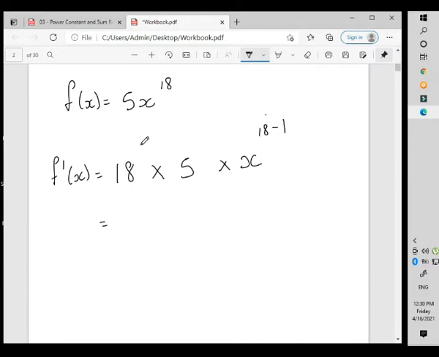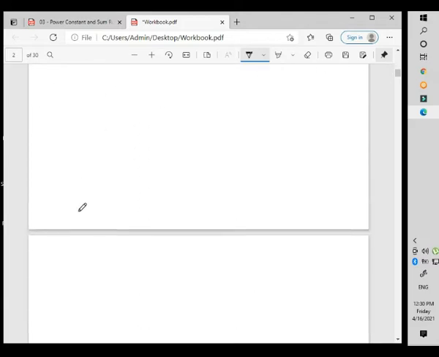So now it's just simple multiplication and then a subtraction of the powers. I'll always be doing something like this for most of my problems. 18 times 5 is 90. I always do some simple calculations on the side. So this is 90x to the 17th power. Okay, so that would be for number 2.